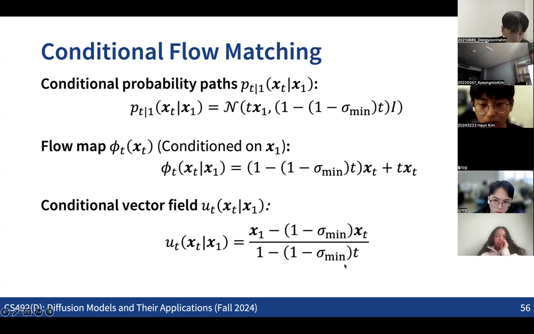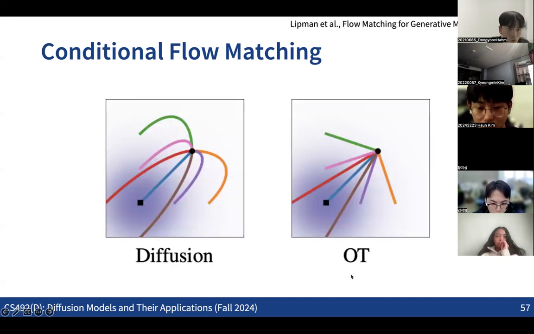The good thing about training a flow matching model compared to the diffusion model is that we can get more straight trajectories in the space.